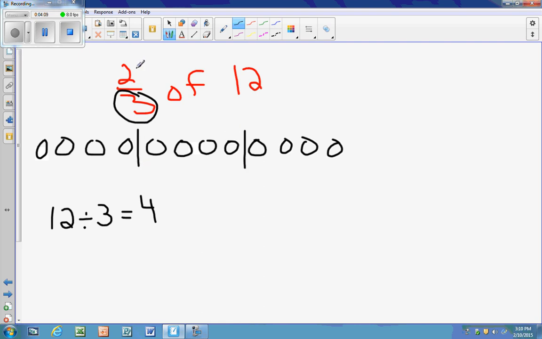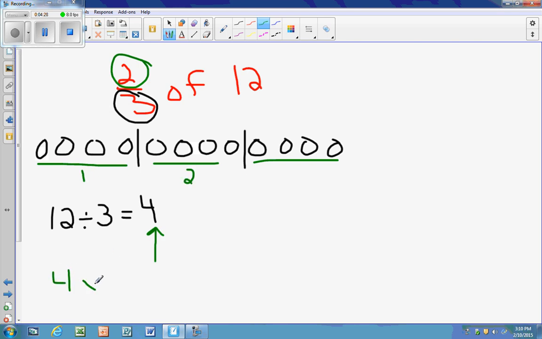And we want to find 2/3 of that group, 2 of the thirds. So if you notice, each group has 4. That's this number right here. And how many groups are we talking about? 1 group, 2 groups. So if I take that 4 and I multiply it times my numerator, which is my 2 groups, I get 8.